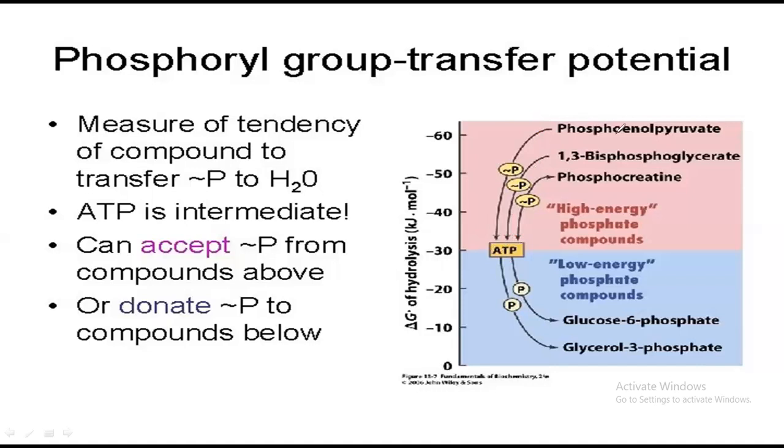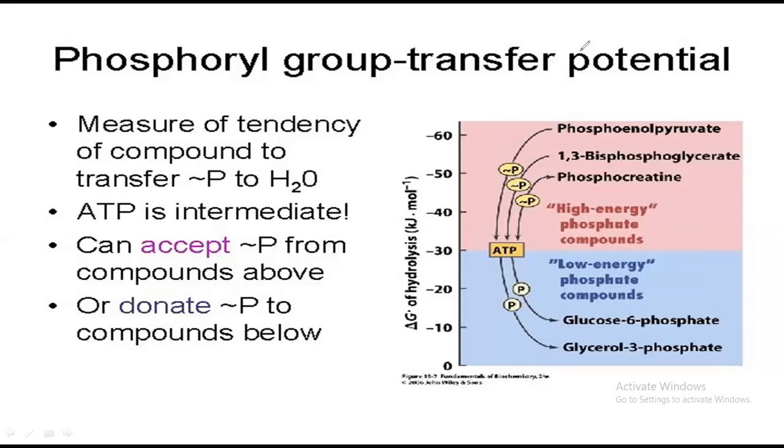There are certain compounds that have a higher energy state than ATP, and there are certain compounds that have a lower energy state than ATP. So the ATP will give its phosphate to the lower energy compounds, and the higher energy compounds will give their phosphate to the ATP. That is, this ATP is at lower energy with respect to these compounds.